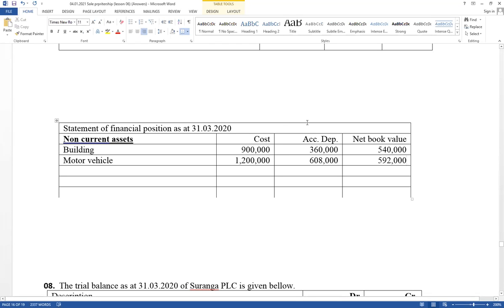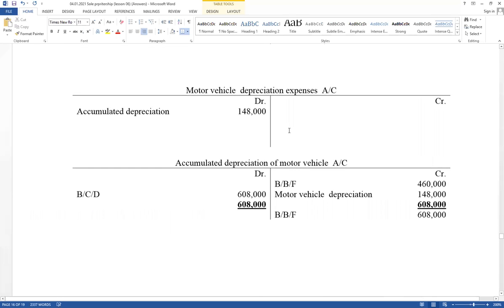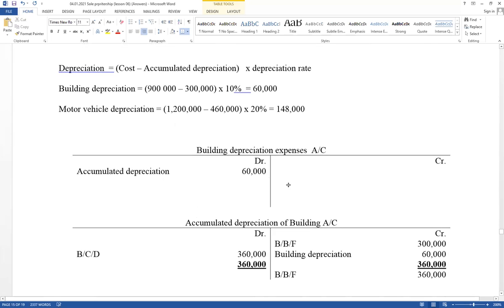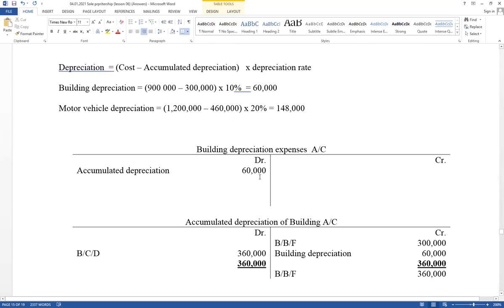Straight line basis and reducing balance methods. Think about the reducing balance method. How do we calculate depreciation? Cost minus accumulated depreciation, times the rate. This is the way you have to calculate depreciation. Then think about the double entry, and how to disclose it in the financial statement.